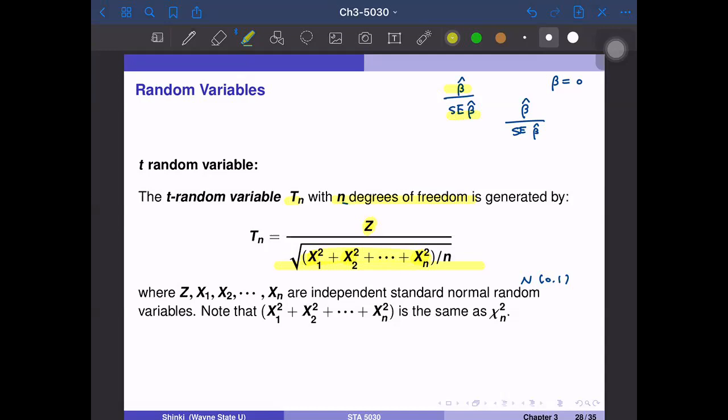And here, the sum of x1 squared to xn squared, these n terms, is exactly the chi-square random variable. So we can say that the T distribution is normal 0, 1 divided by the square root of chi-square n divided by n.